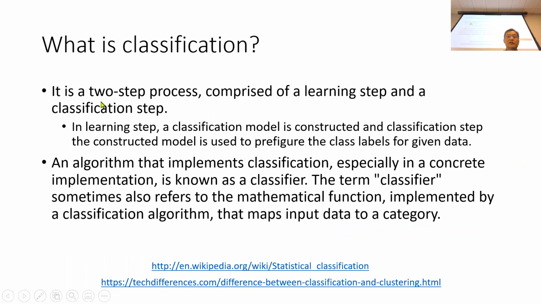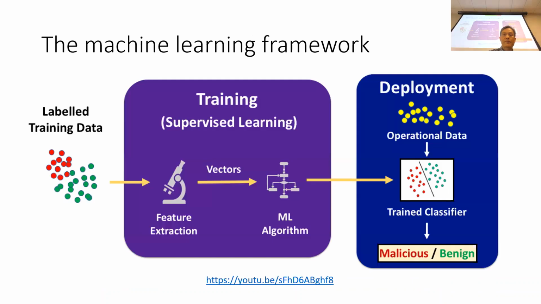So in machine learning, this is a two-step process. You have to train on your data first to make a predictor. This predictor is a classifier, used to classify new data points. That's why this is a typical supervised learning algorithm, and clustering is an unsupervised algorithm.